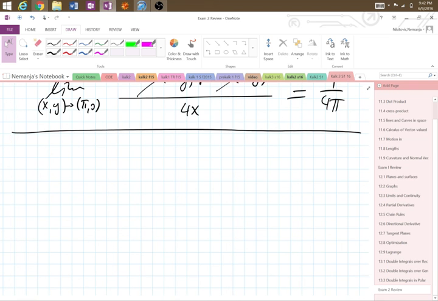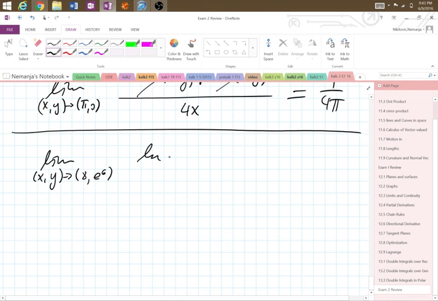Limit as (x, y) goes to (e, e^6) of ln of the cube root of xy. We plug in again.